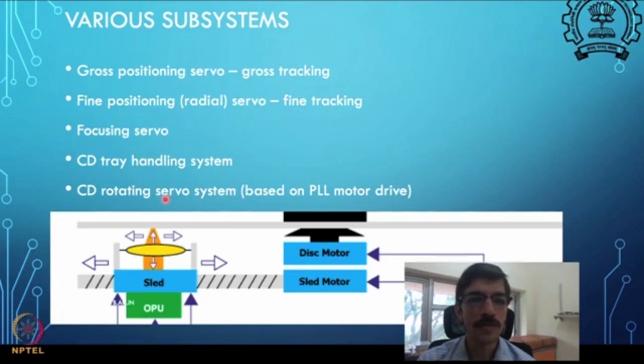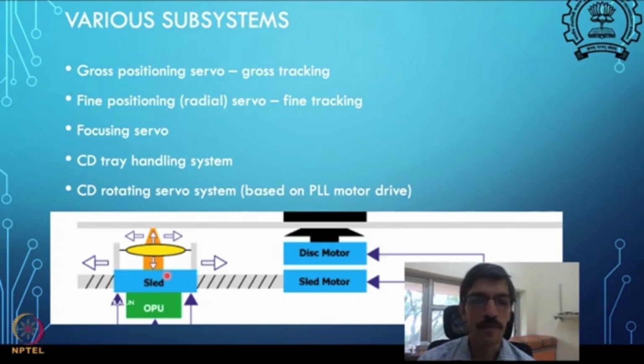Now, the CD tray handling system we have just seen, but the rotating servo system is just a motor which gets driven at a speed controlled by the position of the device. We'll talk about that a little bit, but it's just maintaining the speed to a certain extent for the CD disk.